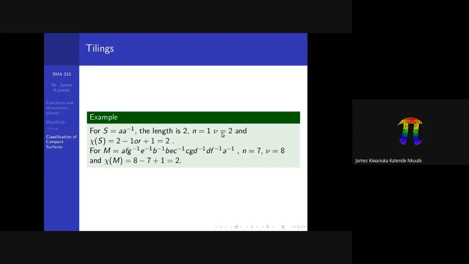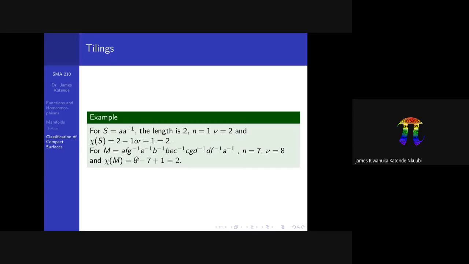Since the edge is 1, it has a vertex at each end, so in total it has 2 vertices. We can apply the formula to get that the Euler characteristic for the sphere will be 2 minus 1 plus 1, and that should give us 2.